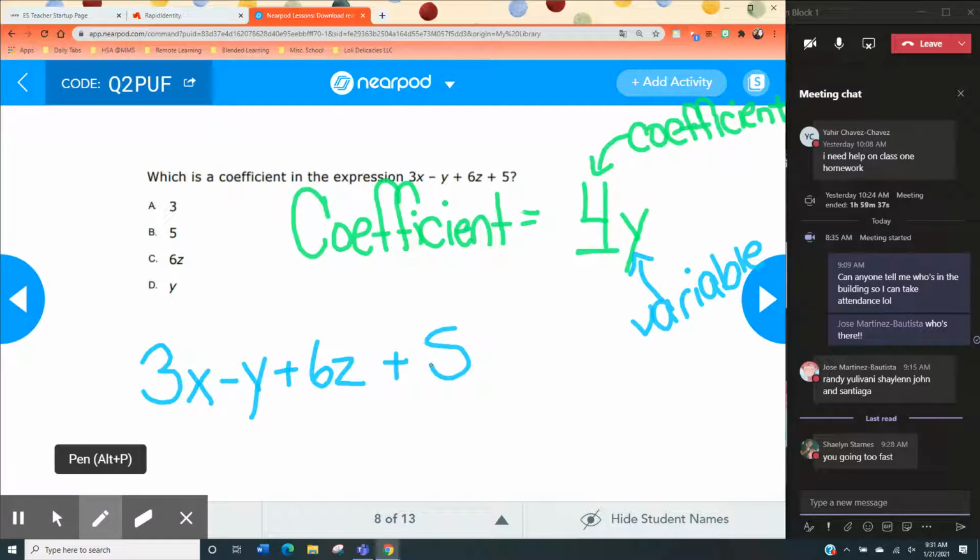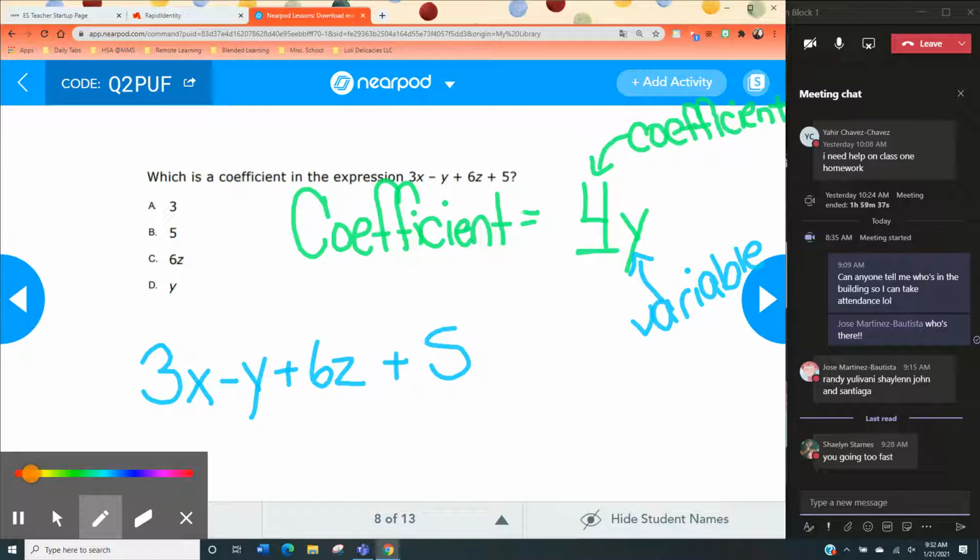It's not asking us for the term, so it's not asking us for the coefficient and the variable. It just wants the coefficient. So I'm going to go ahead and put a box around the numbers that would be considered a coefficient.